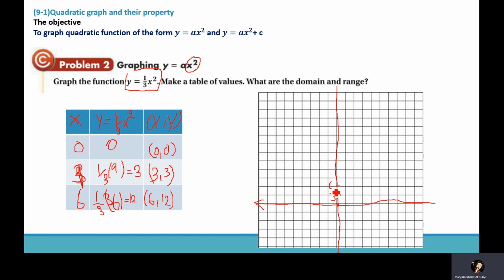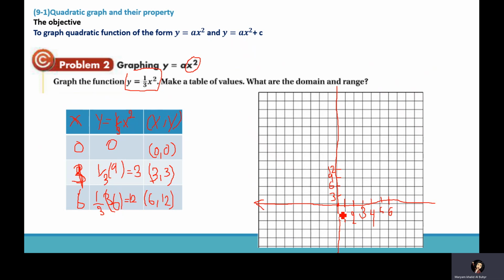So 3 plus 3 is 6, then 9, then plus 3 is 12, and so on. We can just write it here, 1, 2, 3, 4, and so on. I just used 4, I need 5 and 6.